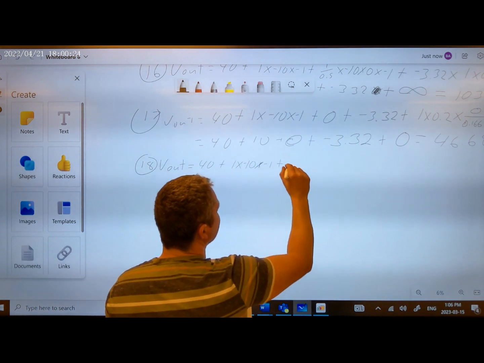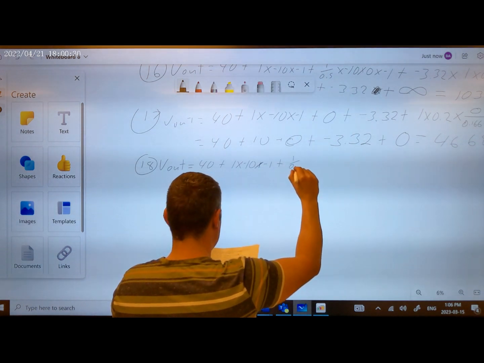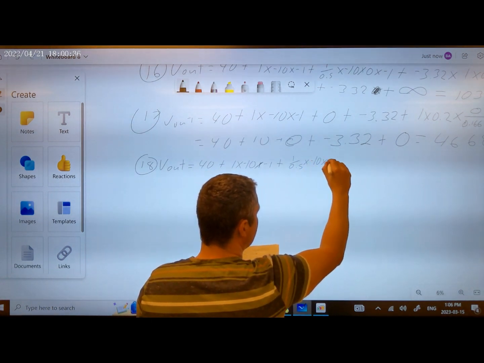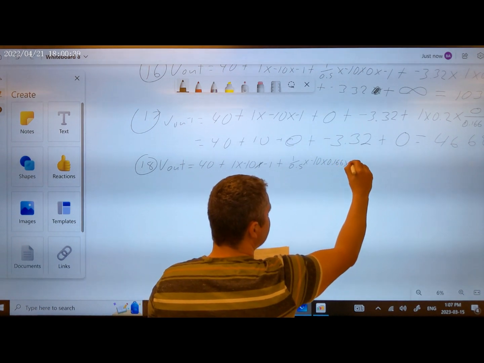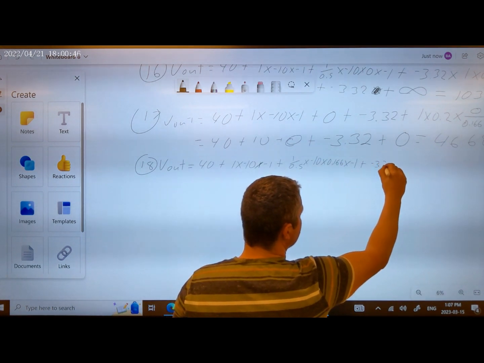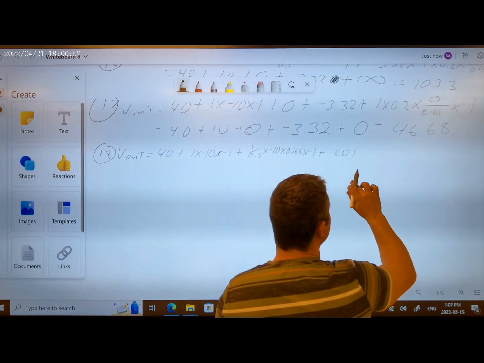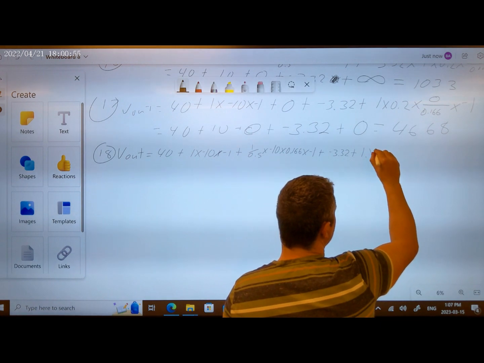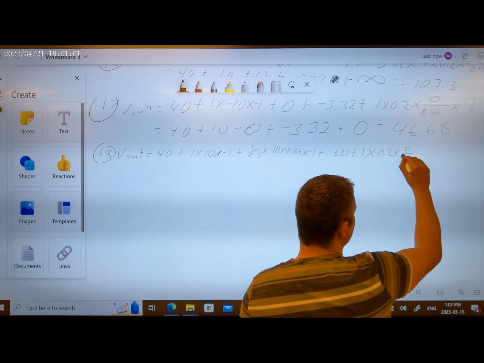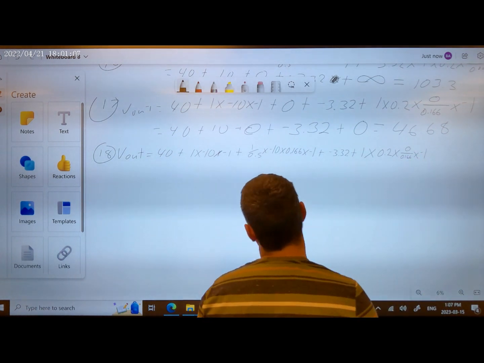Plus our new integral of 1 over 0.5 times -10 times 0.16 minutes times -1 direction plus our old integral of -3.32 plus our derivative of 1 times 0.2 times 0 error over the 1.66 minutes times the direction.